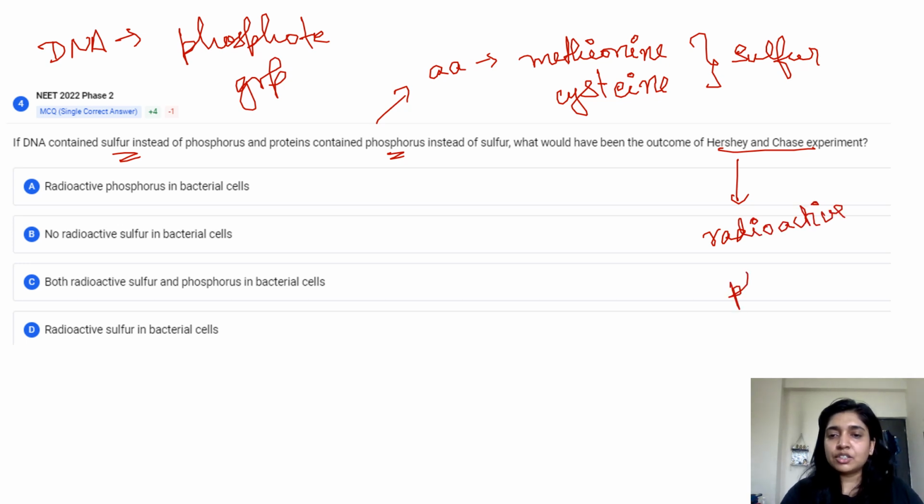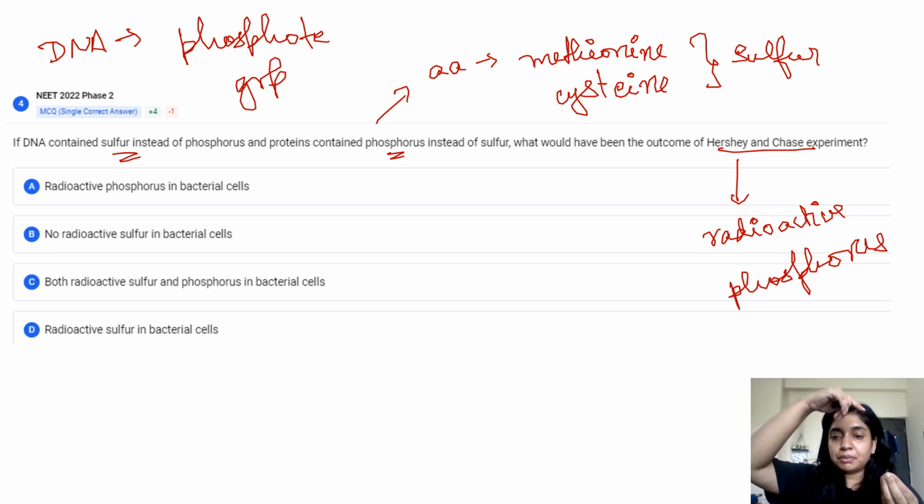When they used radioactive phosphorus, they found that the bacterial cells had a lot of radioactive phosphorus inside them, which had originally come from the bacteriophage. So the bacteriophage transmitted its radioactive phosphorus containing DNA to the bacteria.